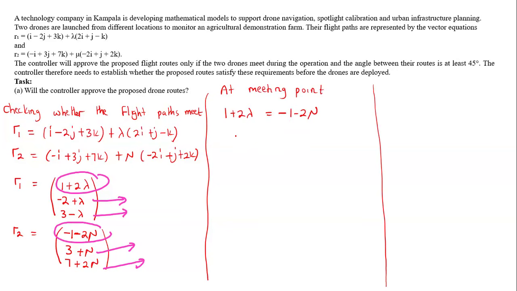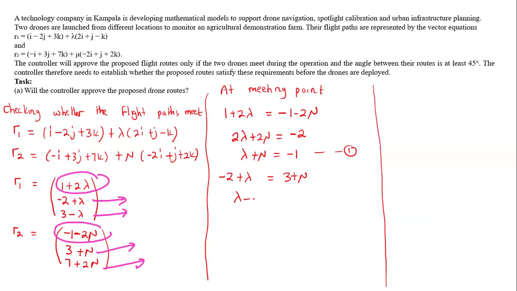So I form that first equation. So I'll have 2 lambda plus 2 mu is equal to negative 1 minus 1, which becomes negative 2. So you can now reduce this to lambda plus mu is equal to negative 1. So this is your first equation. Go to the second one. Negative 2 plus lambda is equal to 3 plus mu. So you are equating the y and the y.